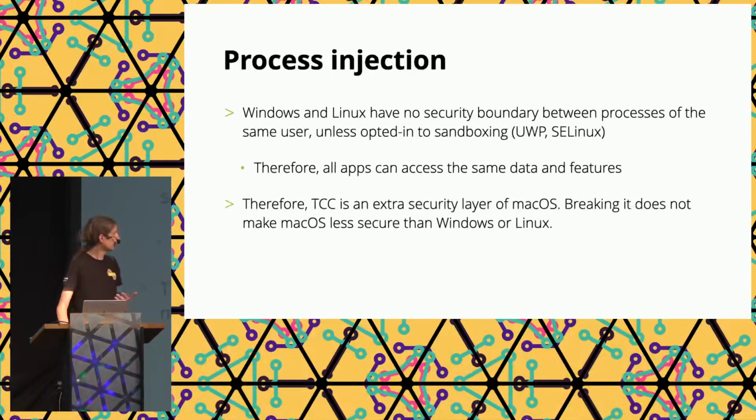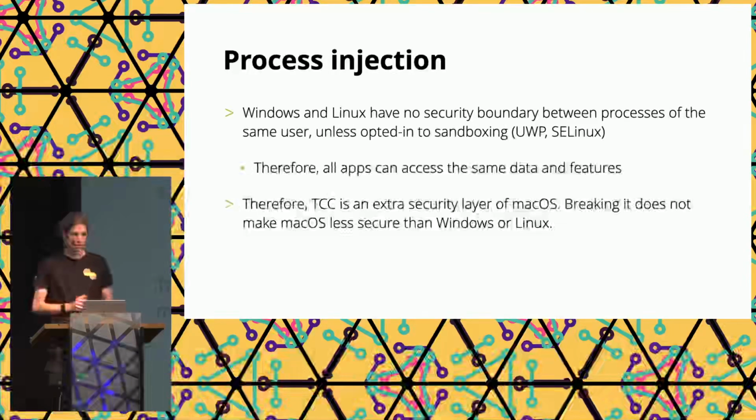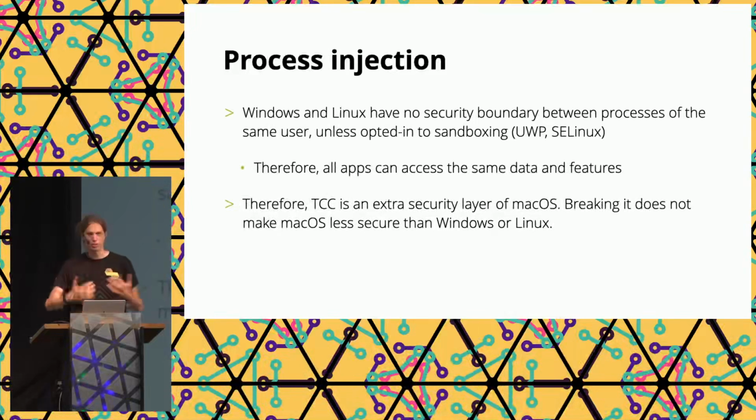And finally, process injection is an interesting technique, and as far as I know, a similar security boundary between processes doesn't exist on Linux. As far as I know, we're not very specialized in that.